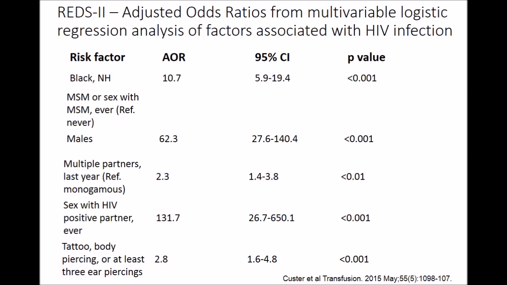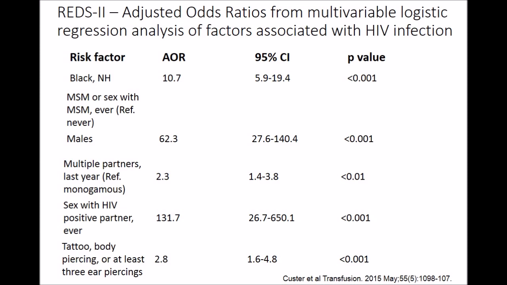And one of them is the REDS-2 study, extremely important, and there are several papers. This is one of them from Brian Custer, and you can see over here the adjusted odds ratios for donors who were found upon the current available screens to have HIV infection. Now, it's quite interesting.